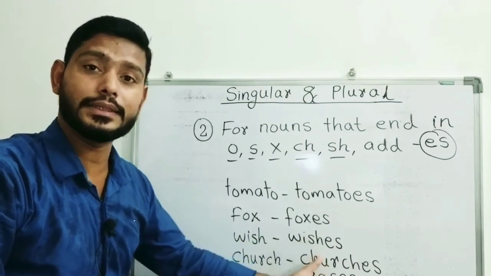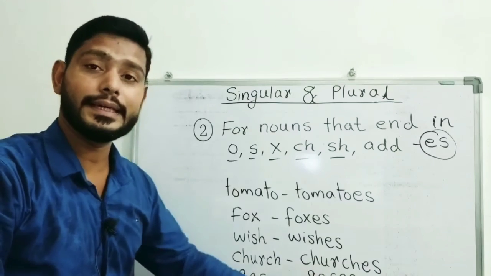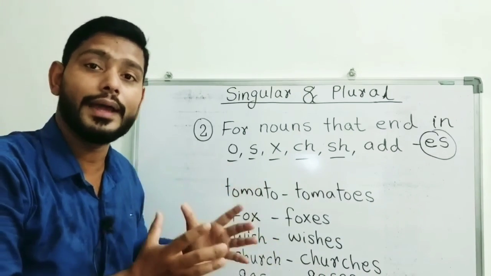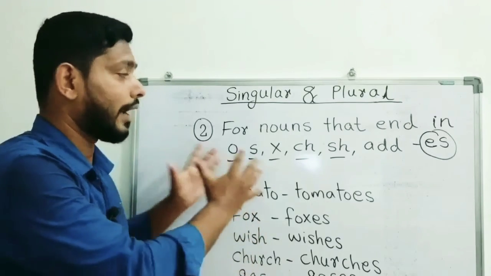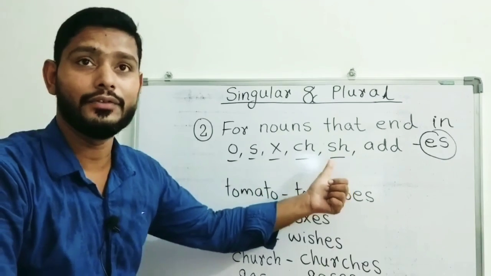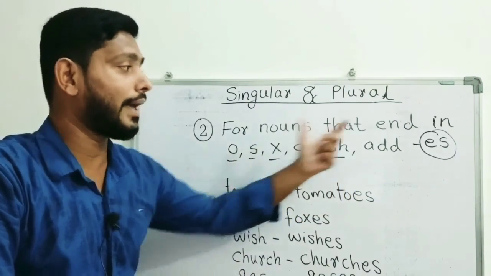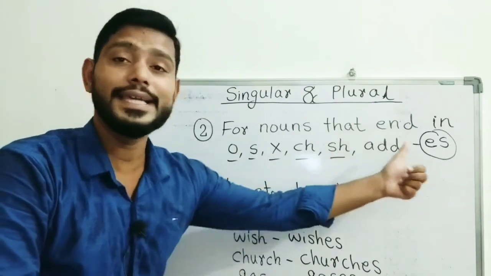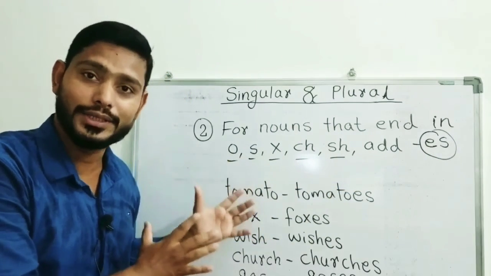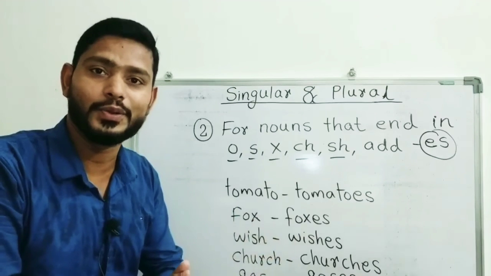Church, churches. Gas, gases. So here there are a few examples to make your idea very clear that for nouns that end in o, s, x, ch or sh, we can make plural nouns by adding es at the end of the singular nouns. So hope this idea and concept is very clear to all of you.